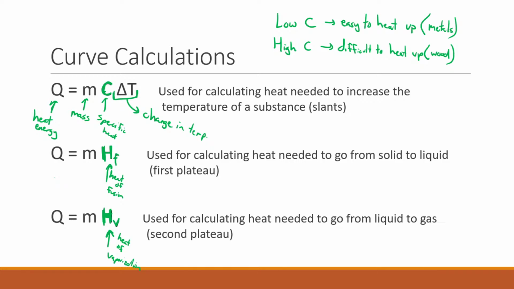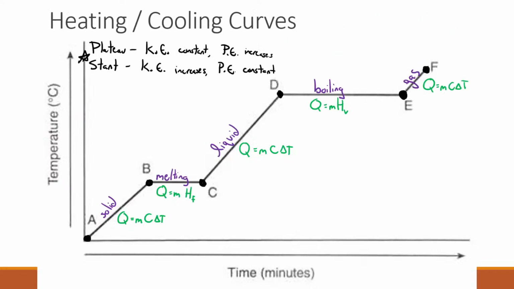So if we go back to our heating curve now, we can see each of the formulas in their place. It makes sense now if we think about delta T, right? It's only on line segments where the temperature is changing, right?